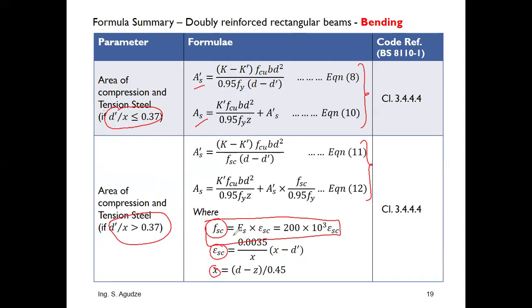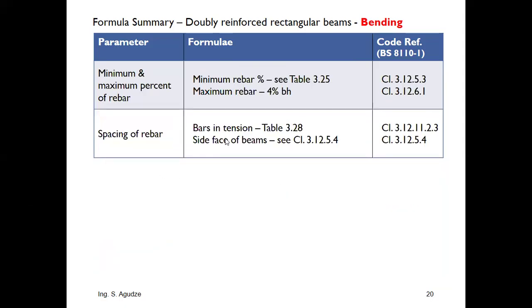So the stress in the compression steel is here, which you have to use in the calculation. And then finally, you need to check your maximum steel area and minimum steel area, and also the spacing of the bars, particularly for detailing purposes.